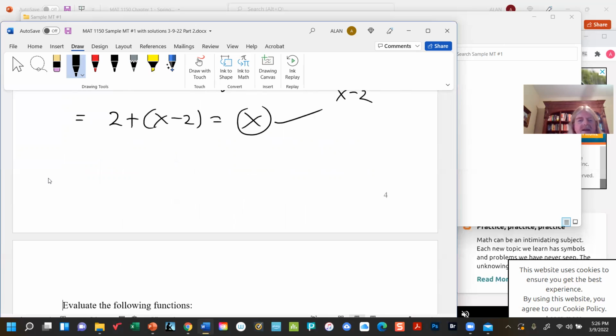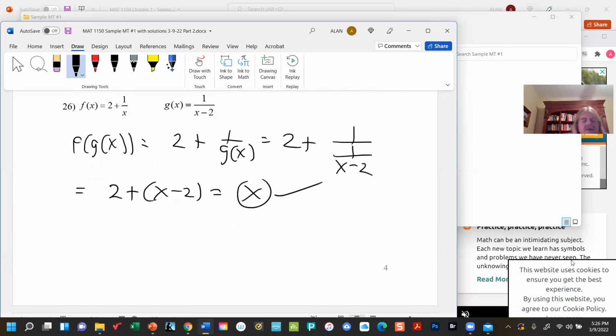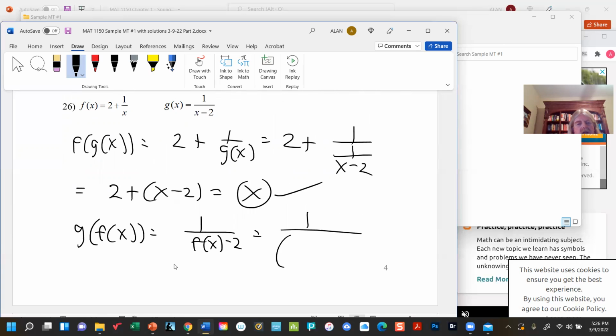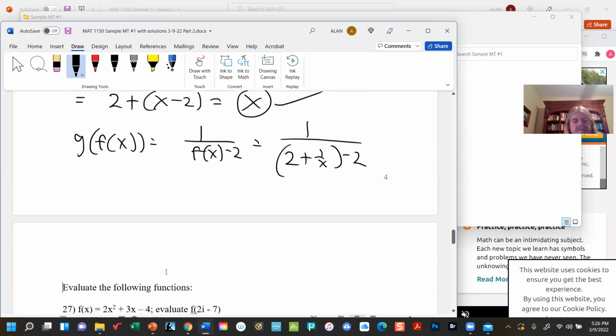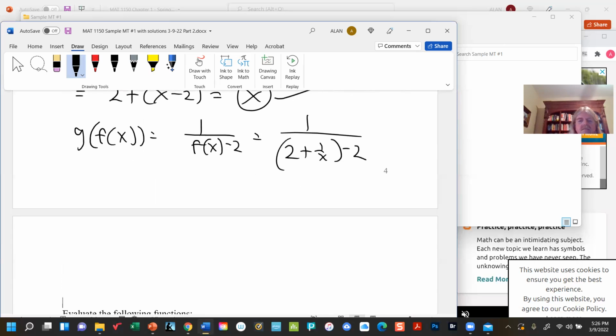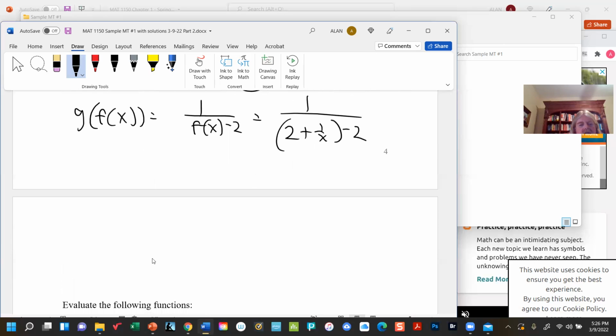And then when we work it backwards, g of f of x is 1 over f of x minus 2, 2 plus 1 over x minus 2. So we have 1 over.